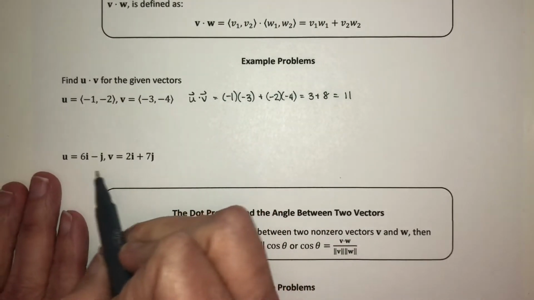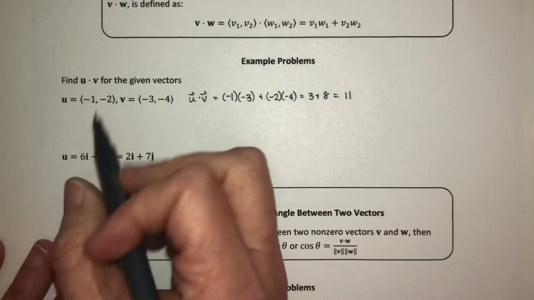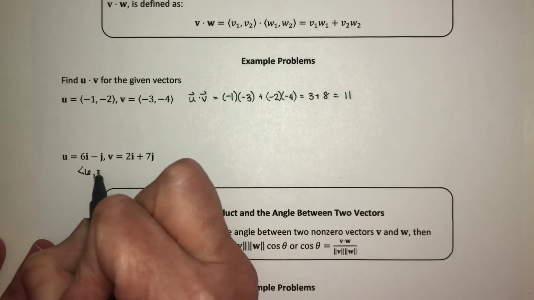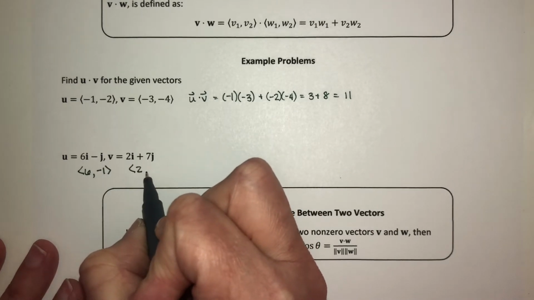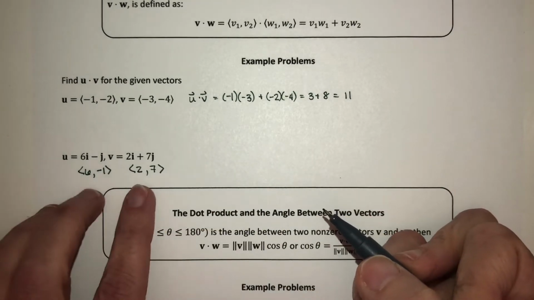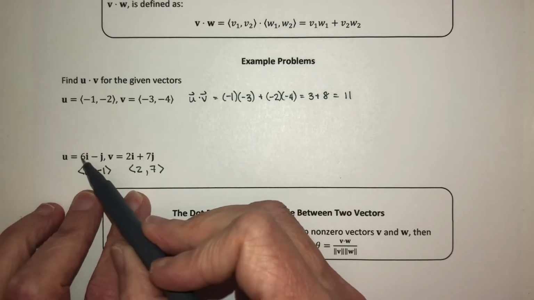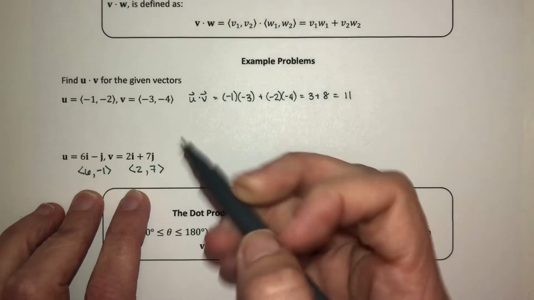Here, we're given our vectors in a different notation, and you know how to change this into a position vector. This would be 6, -1, and this is 2, 7. Most of the time, we don't actually write it this way because we can just multiply our first components, which are our i values.